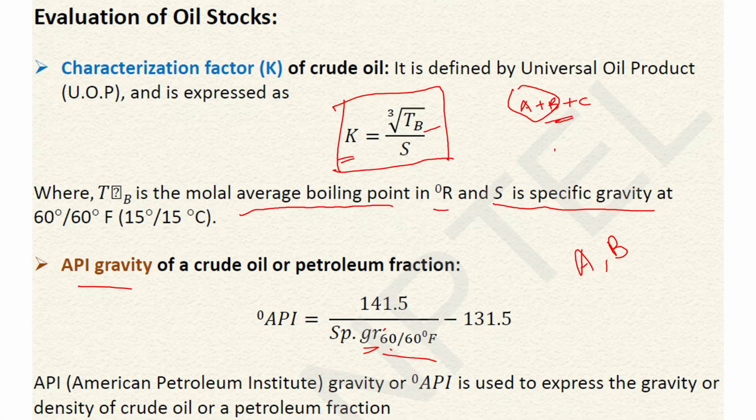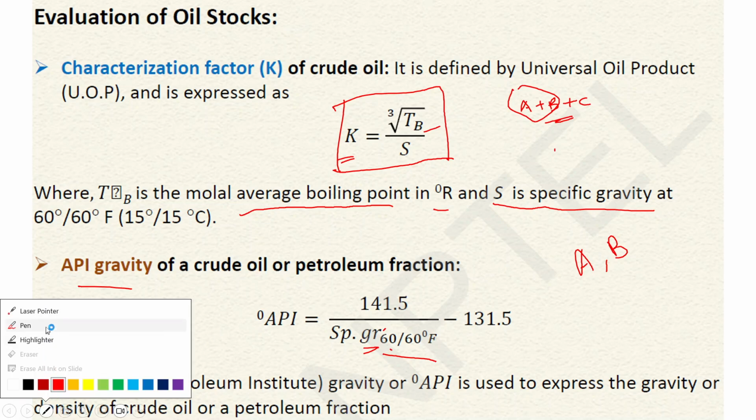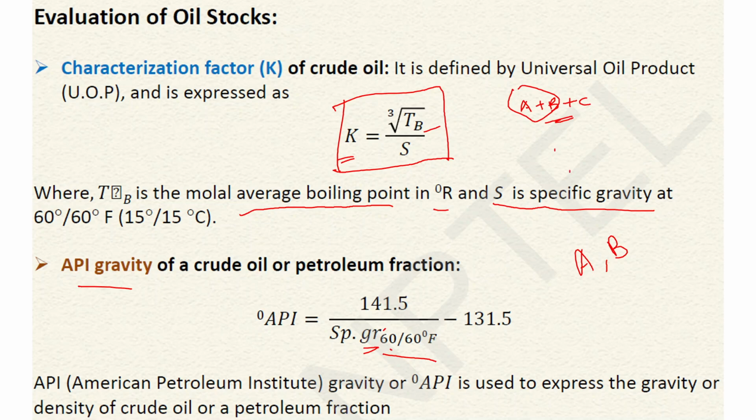There are cases when two cuts present in the crude oil have specific gravity very close to each other. Suppose cut A has specific gravity of 0.49 and B has 0.48. It is very difficult to differentiate between these two cuts.